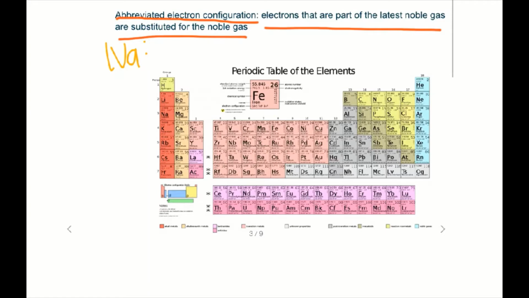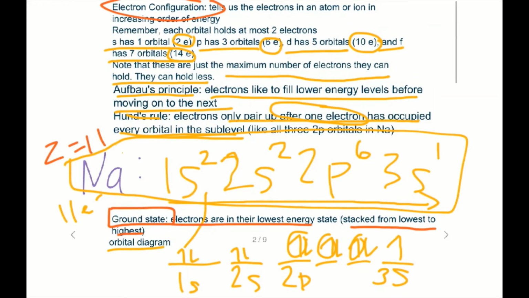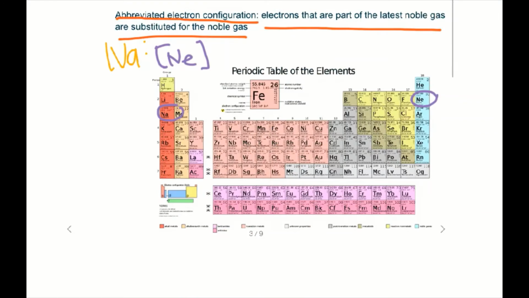Notice how sodium is 11, and the latest noble gas will be the noble gas in the previous period, which will be neon. And so you write neon, and notice how neon has 10 electrons, and notice how 1s2, 2s2, 2p6 contains 10 electrons. So the electrons here are the same as the electrons in neon, so that's why I could substitute it.